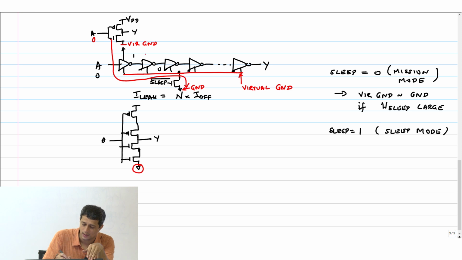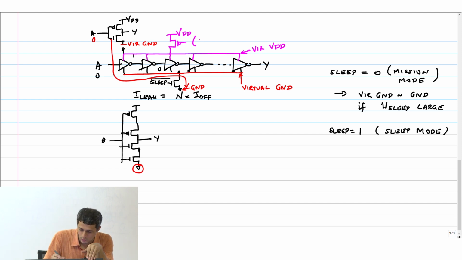So therefore, you take the power connection of these things, call it the virtual VDD, and connect this through a PMOS transistor to VDD. This is virtual VDD.